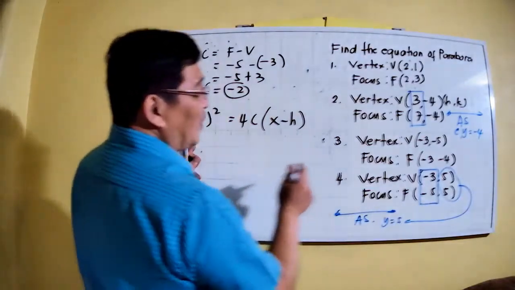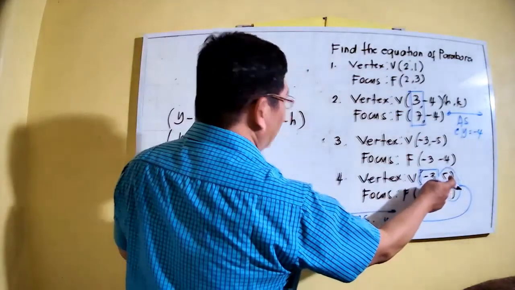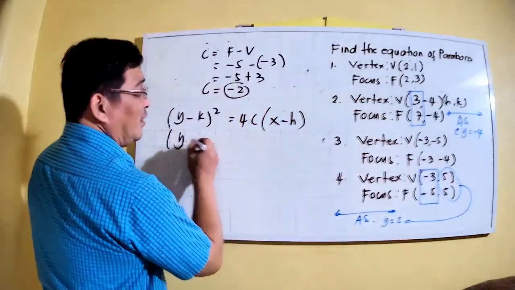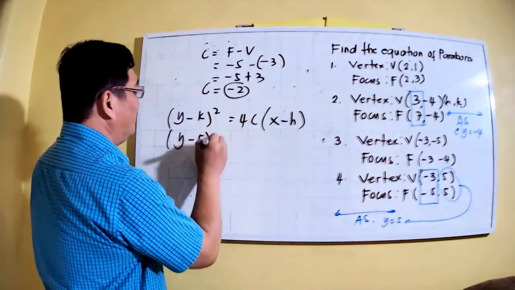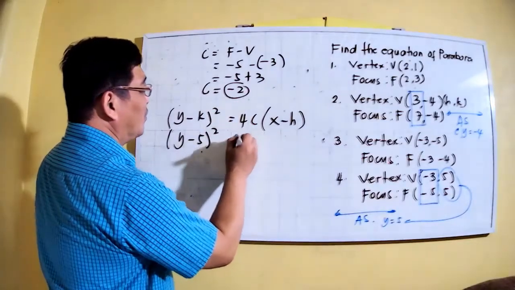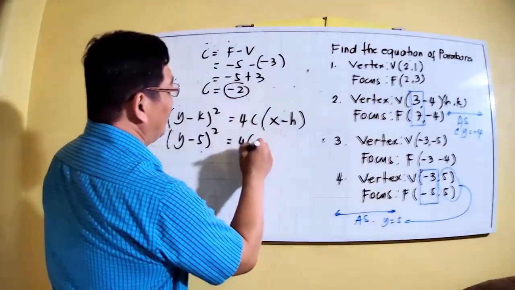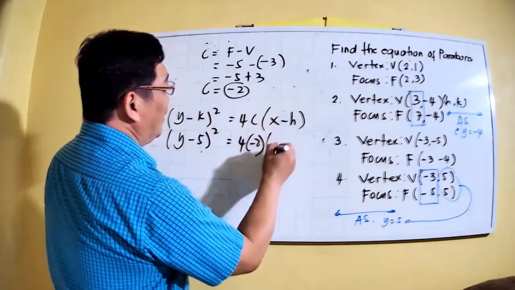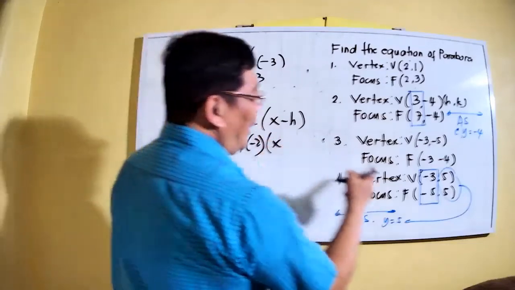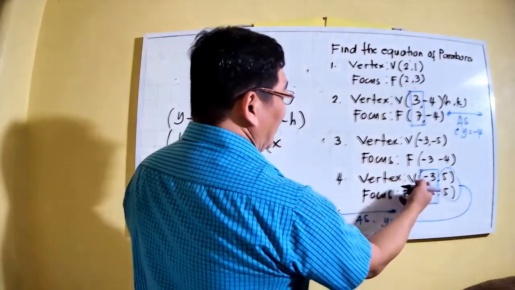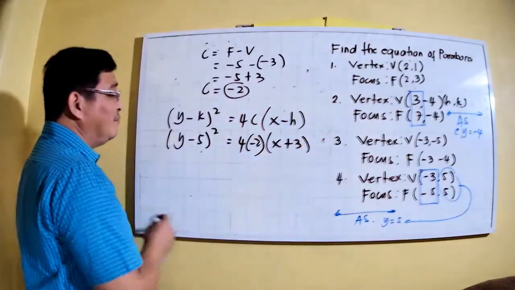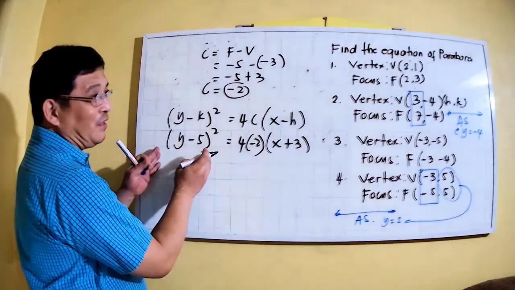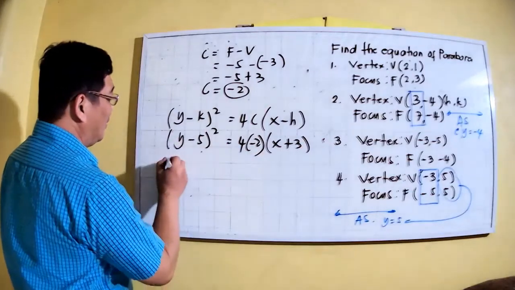We're going to use here 5 since this is the k. This is positive. Here is negative. Square is equals to 4. C is negative 2. And then x, what is h? H is negative 3, positive 3. And then expand this using FOIL method.